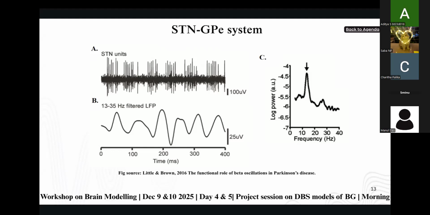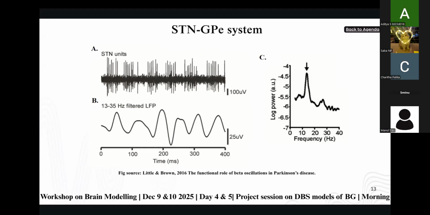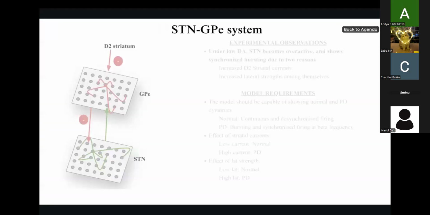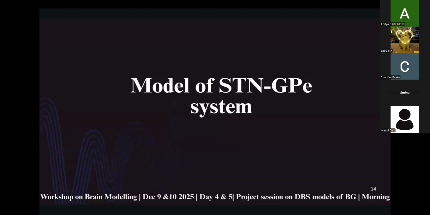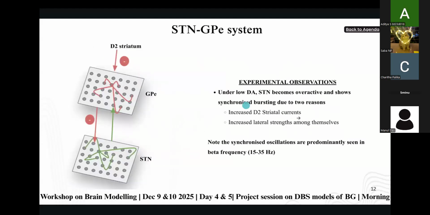Okay. So moving ahead, we are going to look at the model of STN-GPE system. Till now, we are able to look at what are the experimental things of STN-GPE system, but now we'll look at the model of STN-GPE system. Before that, I have a question. I want to build an STN-GPE model which actually shows these kinds of behavior, that is under low dopamine, where the STN becomes more active and synchronized bursting, and also normal condition.